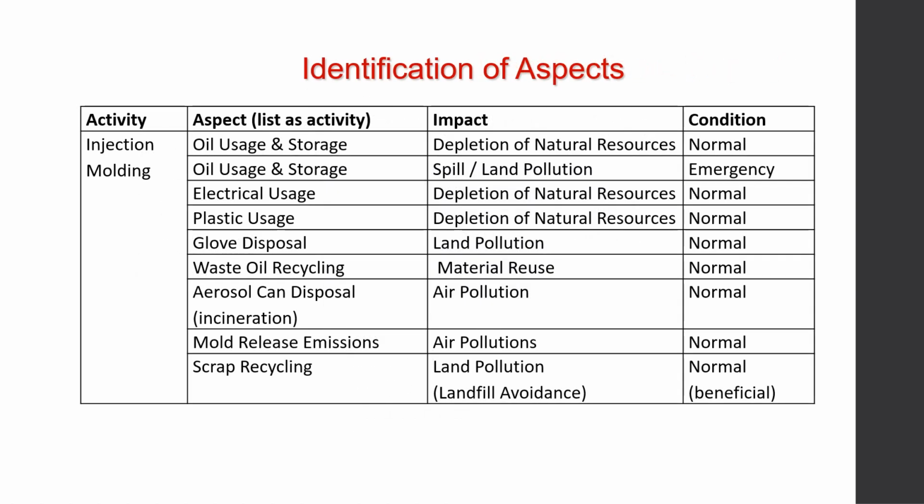And here's an example, again, of injection molding. A number of aspects related to it. We use oil, which is a depletion of a natural resource. We store it, which creates the potential for a spill or land pollution. We consume electricity, which is a depletion of natural resources. We consume plastic resin, which comes from petroleum oil, which is a natural resource.